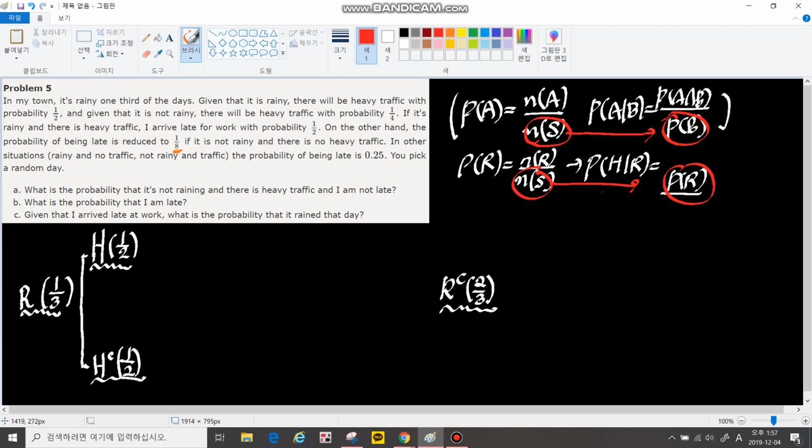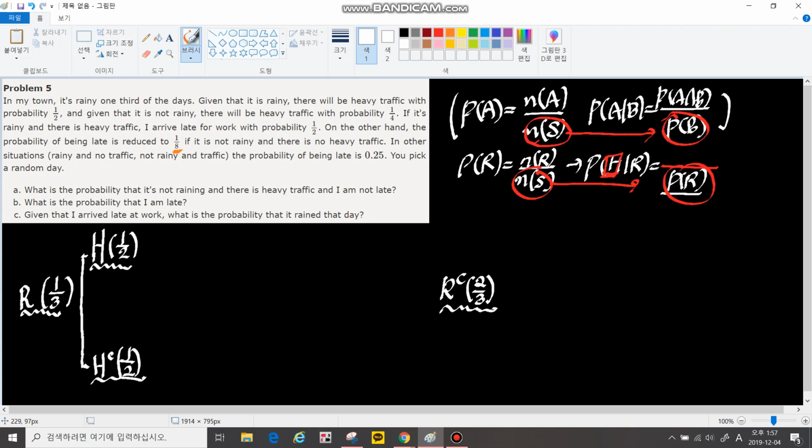So we have this event conditioned on R. That's why the sum of these two should be just 1. All right, then the probability that it rains and the probability that there will be heavy traffic given that it's raining outside is just 1/2, right? As it is given in the problem.